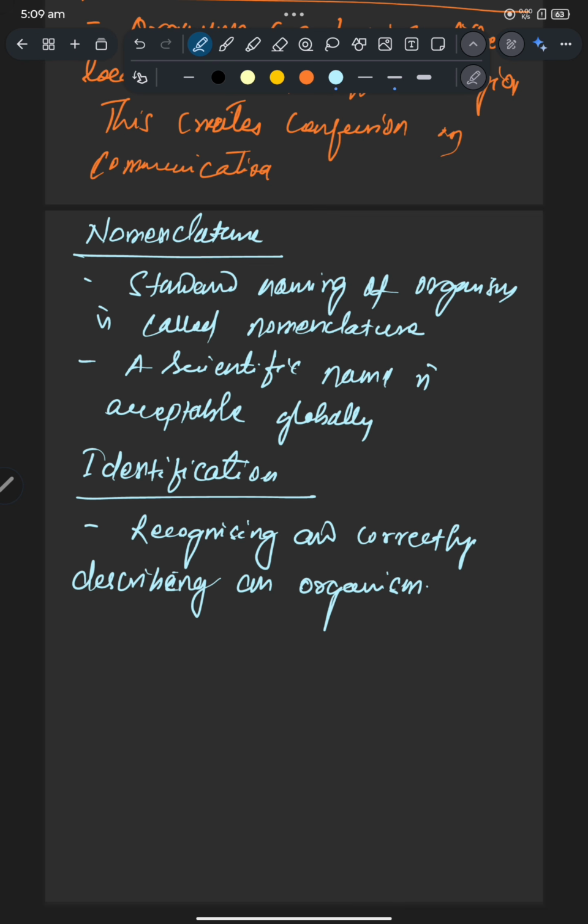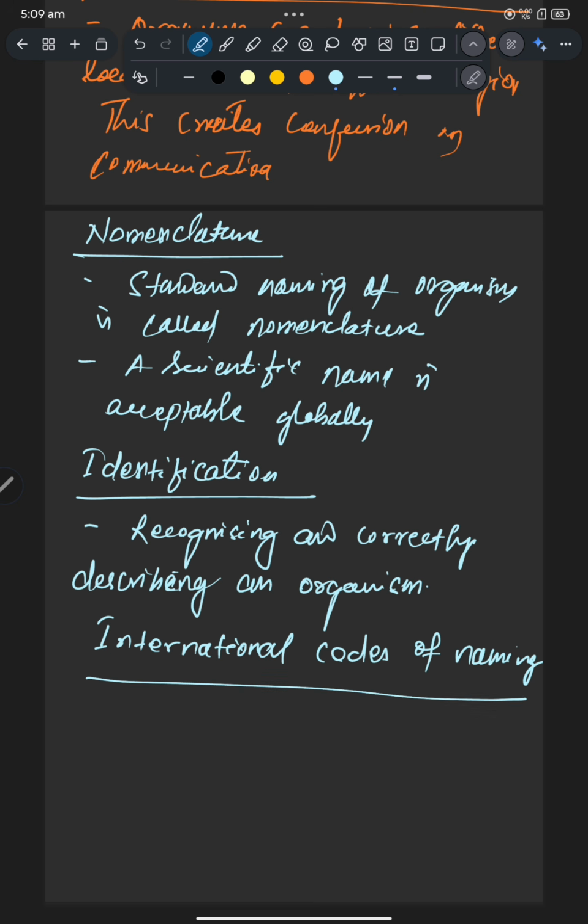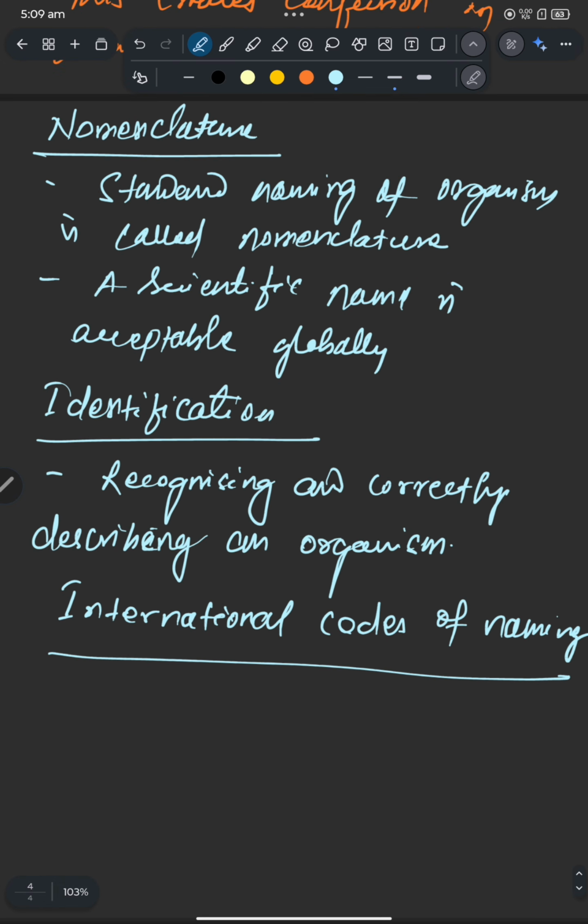Okay. Now come to the international code for naming. So how is the naming of plants and animals done? This is very, very important. So now coming to international codes of naming. Please don't leave any point, children. Write each and every point.